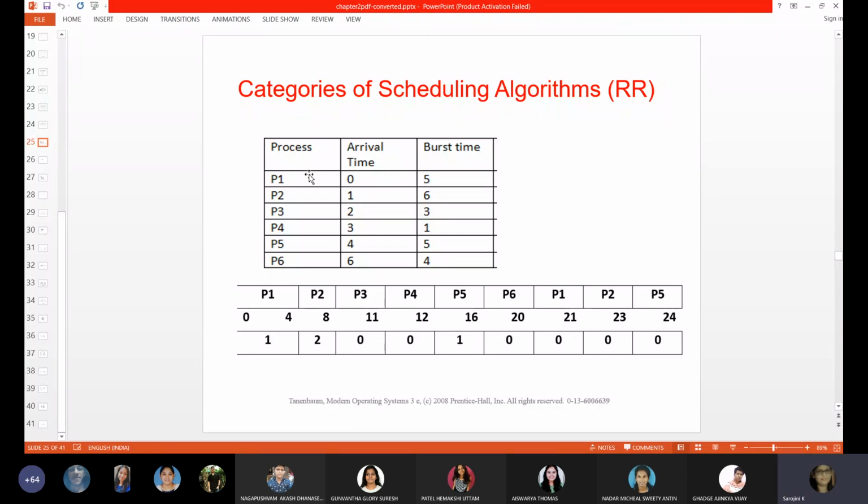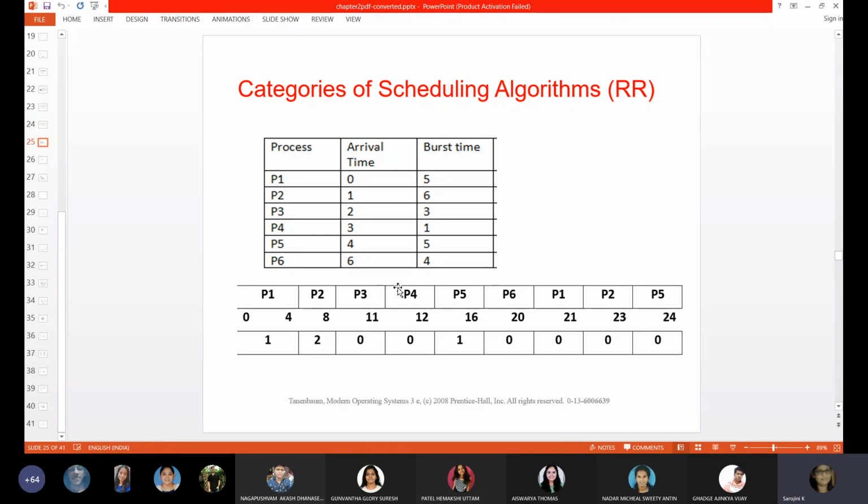Now process P1 comes at the 0th millisecond and its CPU burst time is 5 milliseconds. Our quantum time is 4 milliseconds. So whenever a process enters the CPU, it can stay continuously in the CPU only for the quantum time, a maximum of 4 milliseconds.